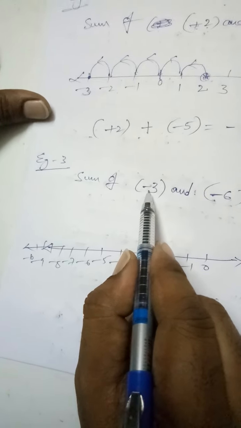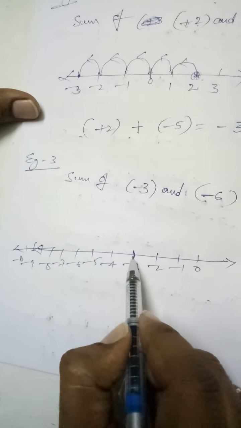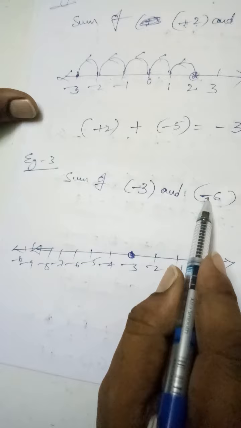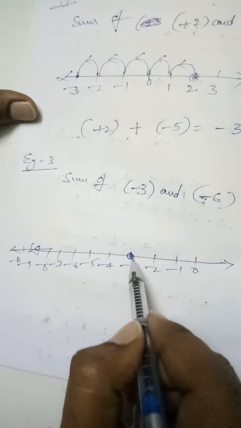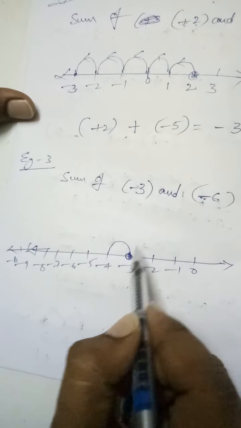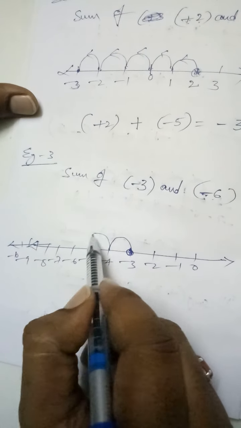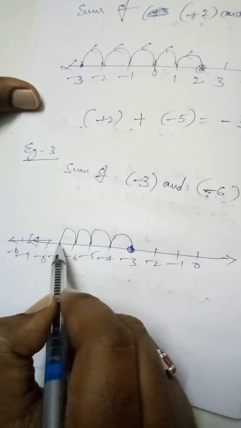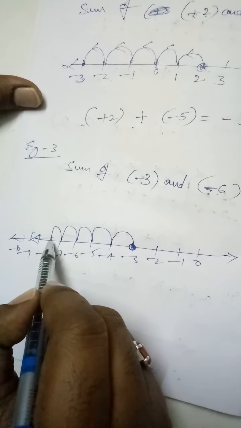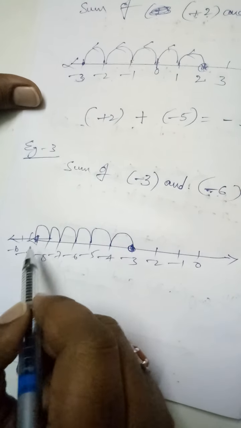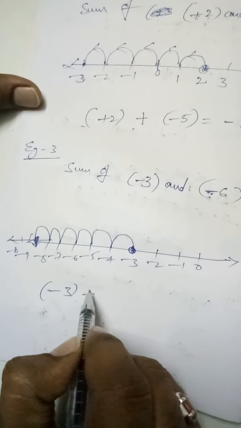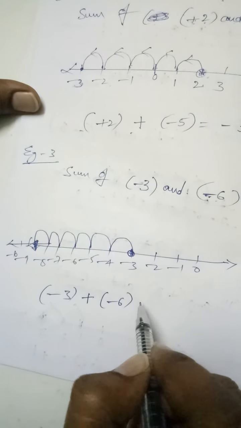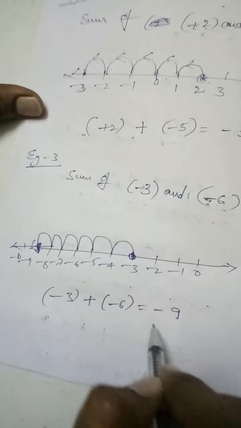So we start from minus 3, going left because negative. How many steps? 6 steps. 1, 2, 3, 4, 5, 6. Now where do you have to stop? Minus 3 plus minus 6 is equal to minus 9.